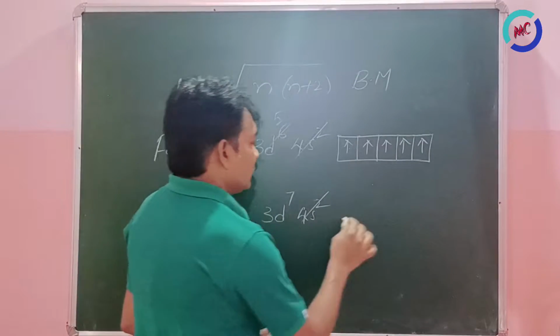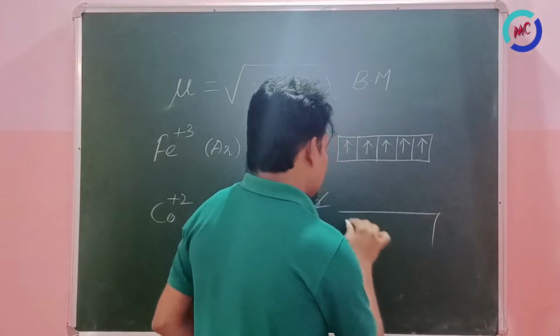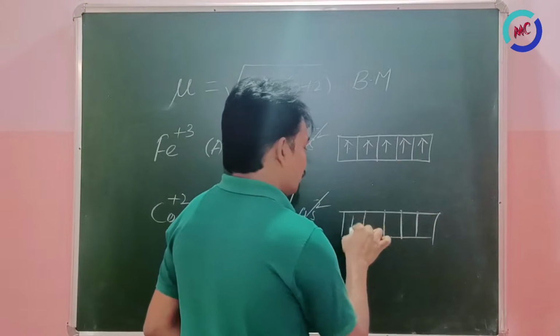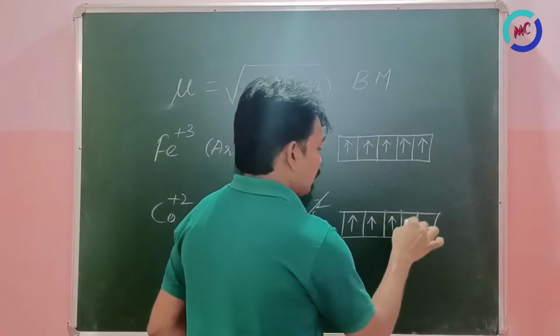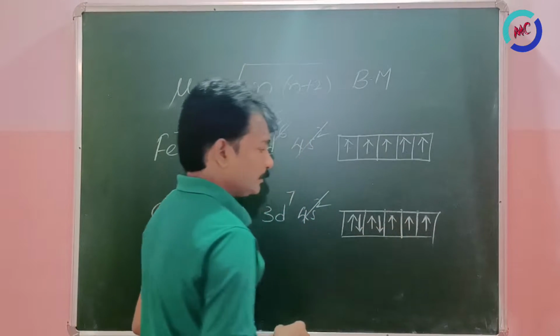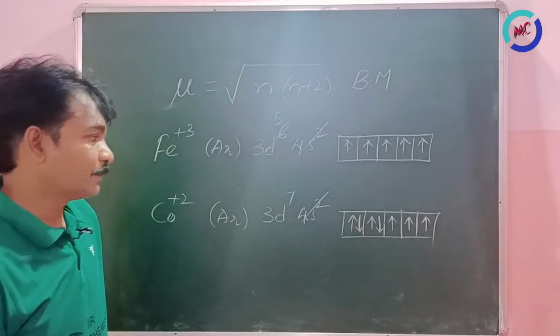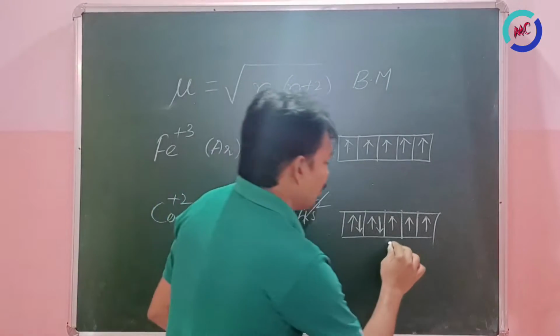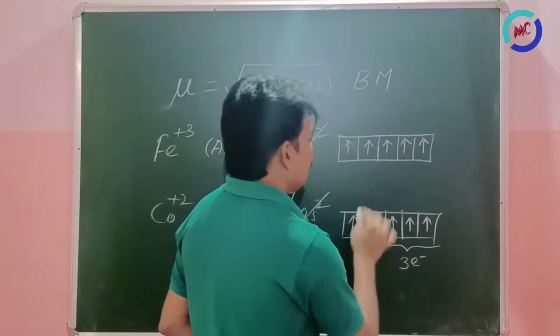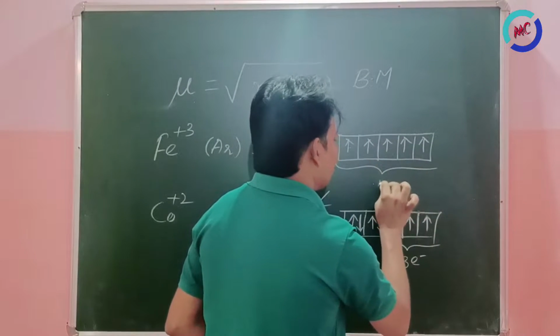And see here, 3d7 electrons are there. We will check. 1, 2, 3, 4, 5, 6, 7. We have to follow Hund's rule. 7 electrons are there. How many unpaired electrons are there? There are 3 unpaired electrons. Here there are 5 unpaired electrons.